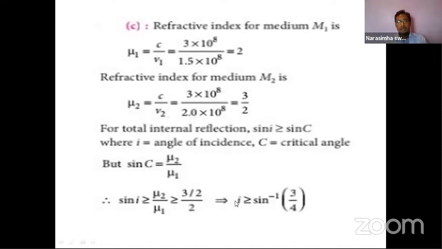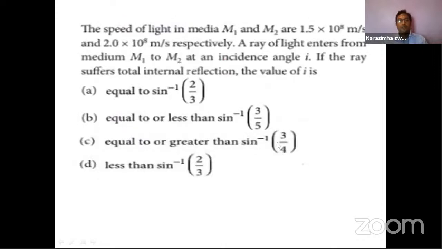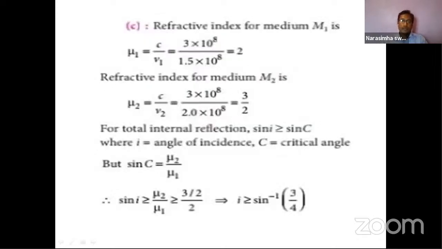So I is the sine inverse of 3 by 4. So option C is correct: I is equal to or greater than sine inverse of 3 by 4. This is important, because it's asking for total internal reflection, so the angle of incidence should be greater than the critical angle.